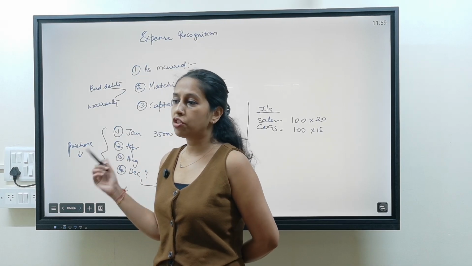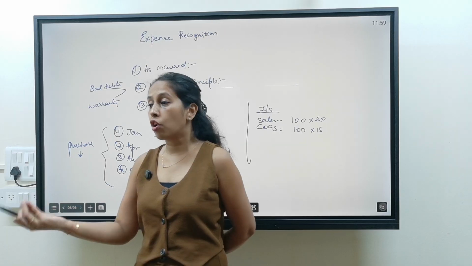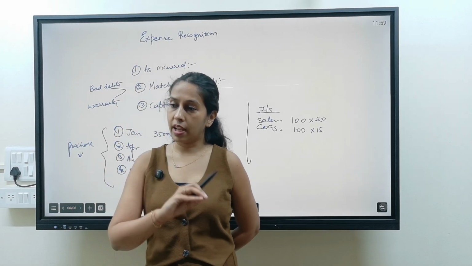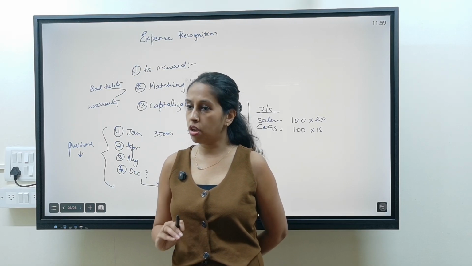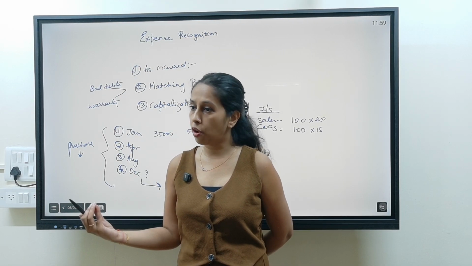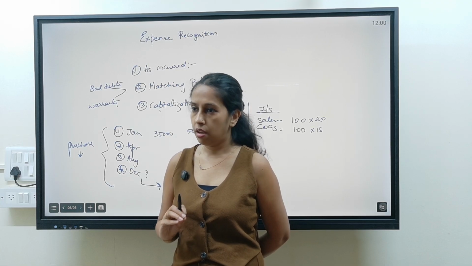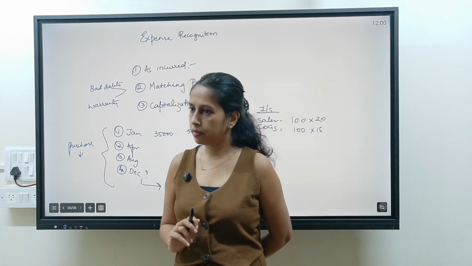Capitalization is whenever you record an expense which will give you economic benefit over a period of time, you will record that expense as an asset on the balance sheet and spread its cost across a period of time through depreciation or amortization. Are we clear? Three principles of expense recognition, right?